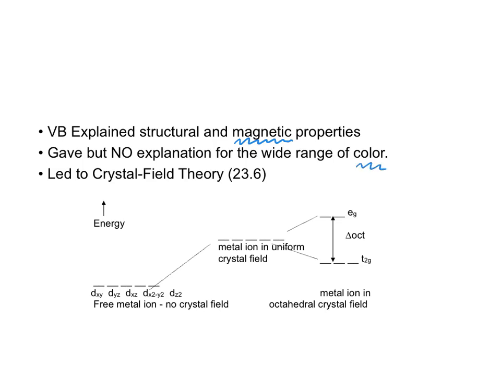So here is a picture coming out of section 23.6. It is called crystal field theory. Draw your eye first to the place I've just marked. What you see are 5 degenerate d orbitals, and they are labeled free metal ion, no crystal field.